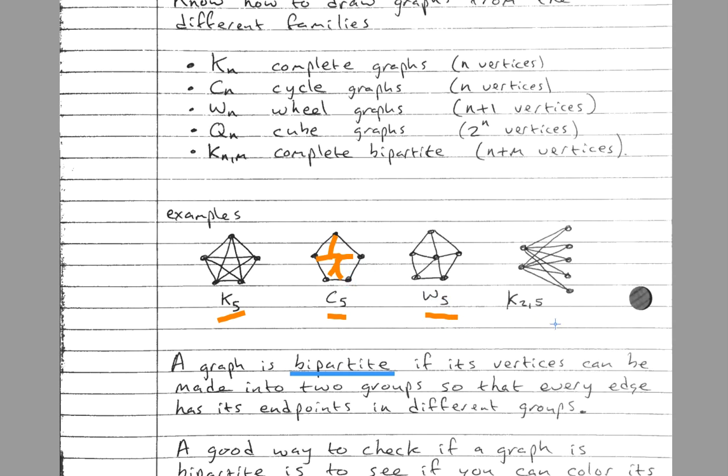And K2 comma 5, the complete bipartite graph. You're starting with 2 vertices over here and 5 over here, and then make all connections between this group and this group.